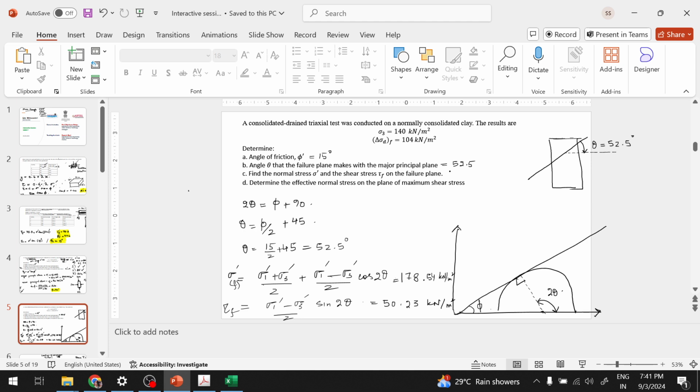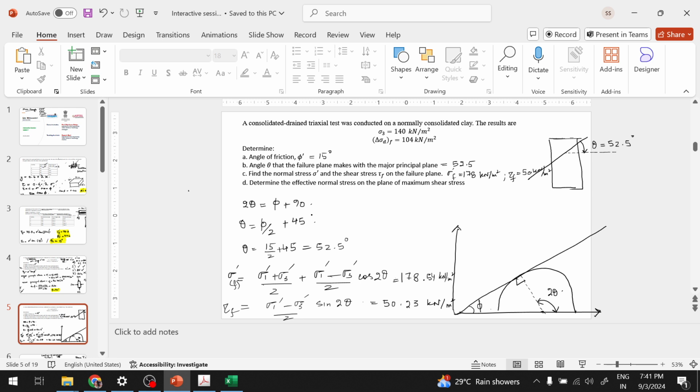Okay, so sigma dash f was 178 kilonewton per meter square and tau f was 50 kilonewton per meter square.